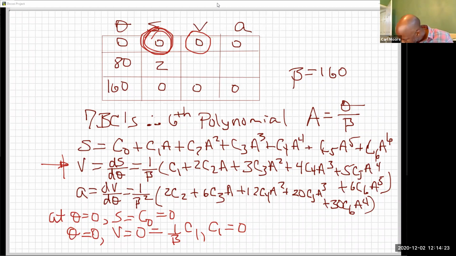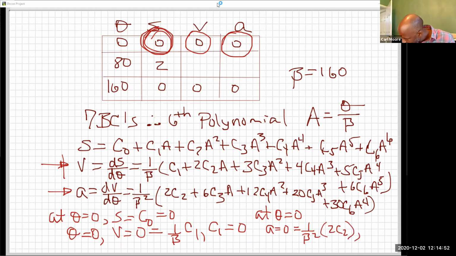Now let's go further and look at our A. Okay, so at theta equals 0, our A is also equal to 0. And when we look at our equation for A right here, we see that we'll have 1 over beta squared and 2C2, but every other thing there disappears because they all have A's.